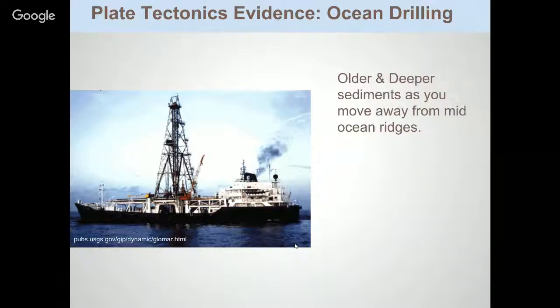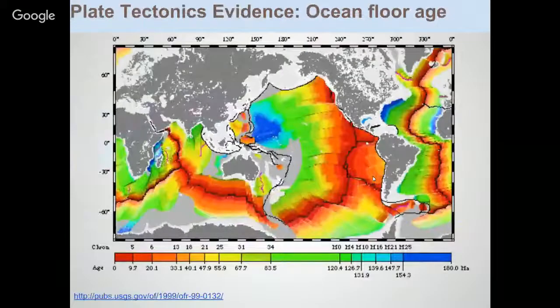There's also been a number of exploratory drilling vessels out there that investigated the magnetism of the oceanic plates, as well as sediment depth and age and things like that, finding older and deeper sediments as you move away from the ridges, which also supports that idea of seafloor spreading.